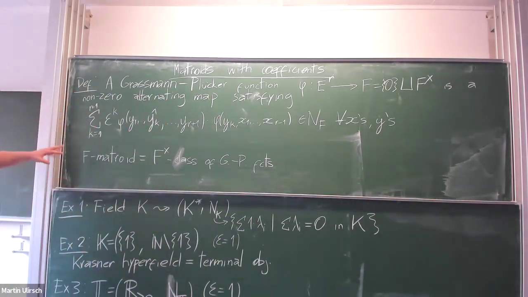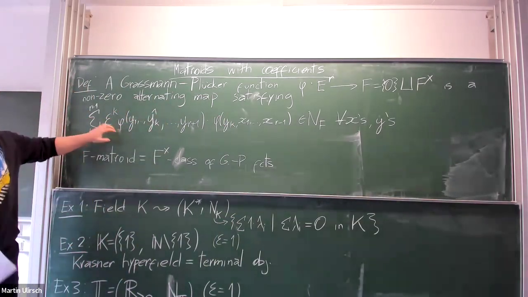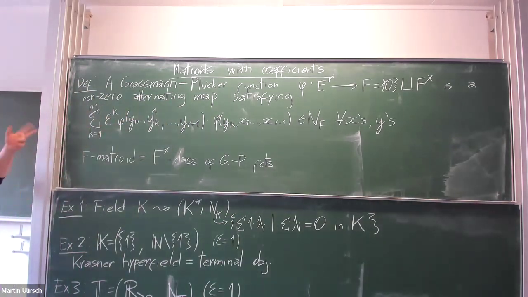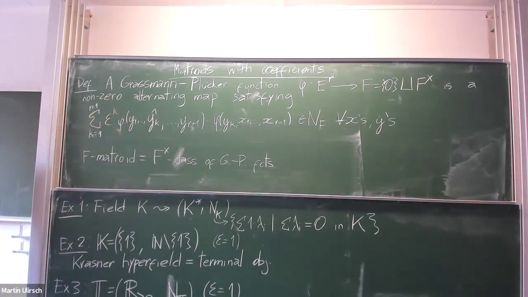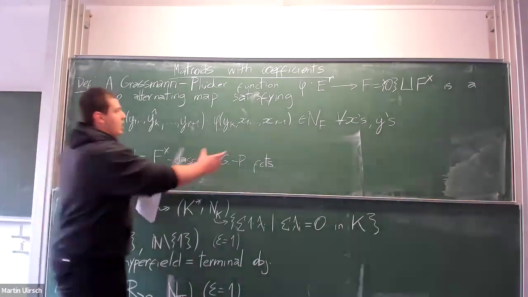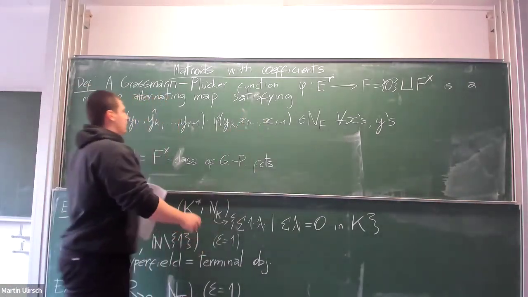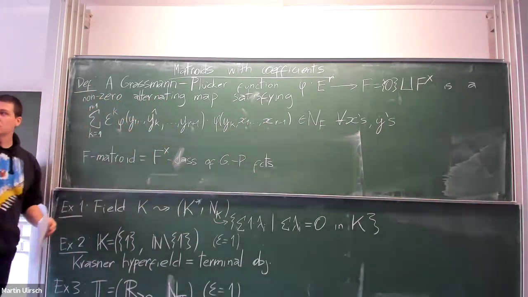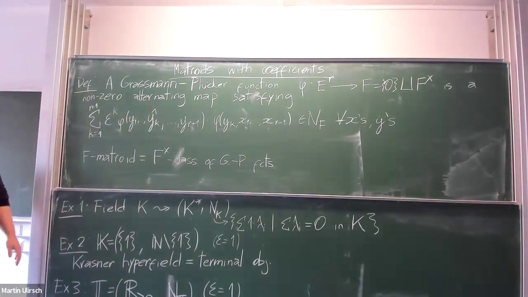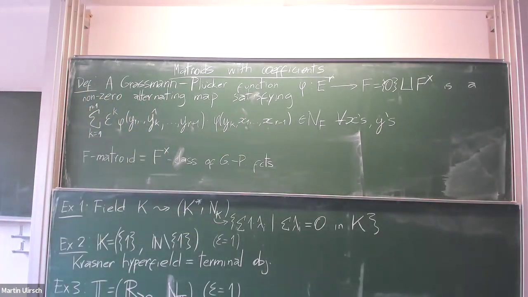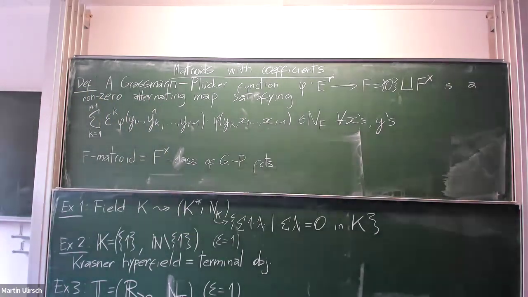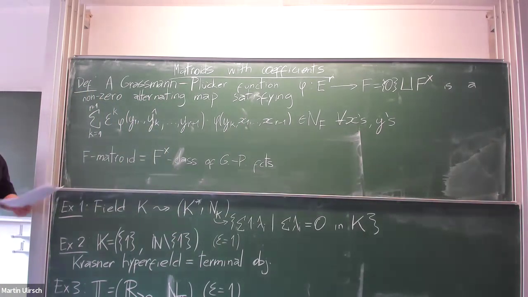It's just an alternating function, with respect to epsilon being -1. So we have a row of switching entries here, and it's non-zero. The most important part is that it satisfies these equations here for any choice of r-1 elements and r+1 elements. It's more or less like the equations defining a Grassmannian, or the quadratic equations that the determinants satisfy.